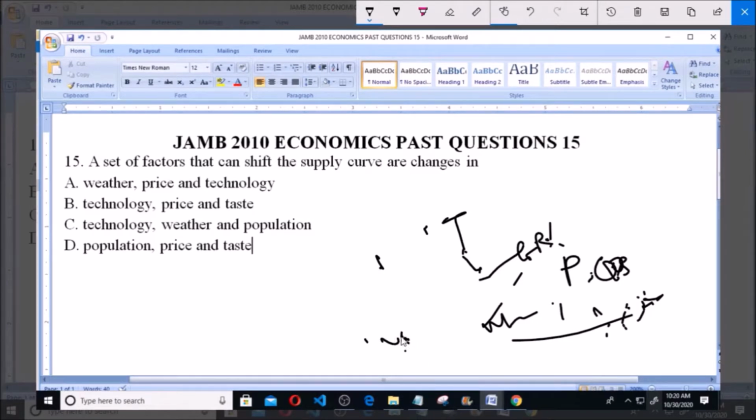So a set of factors that can shift the supply curve is option A: weather, price, and technology. That is the correct option.